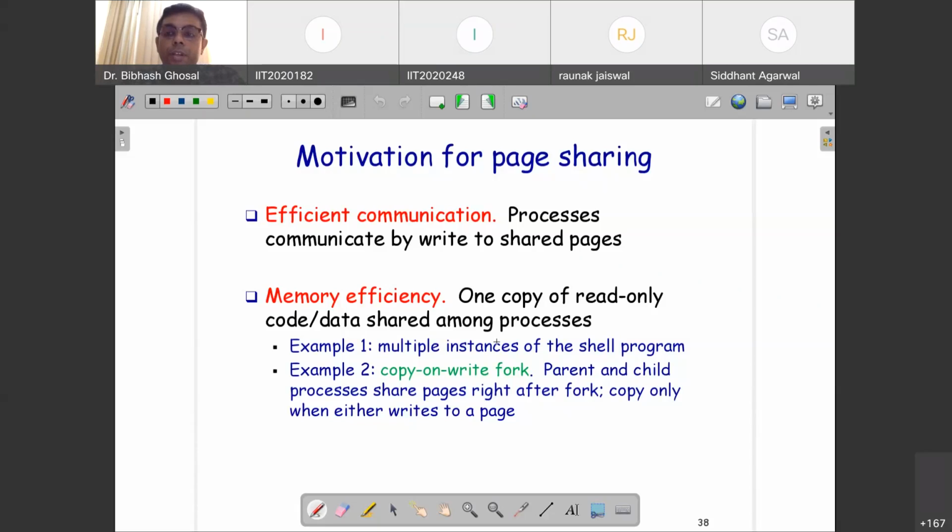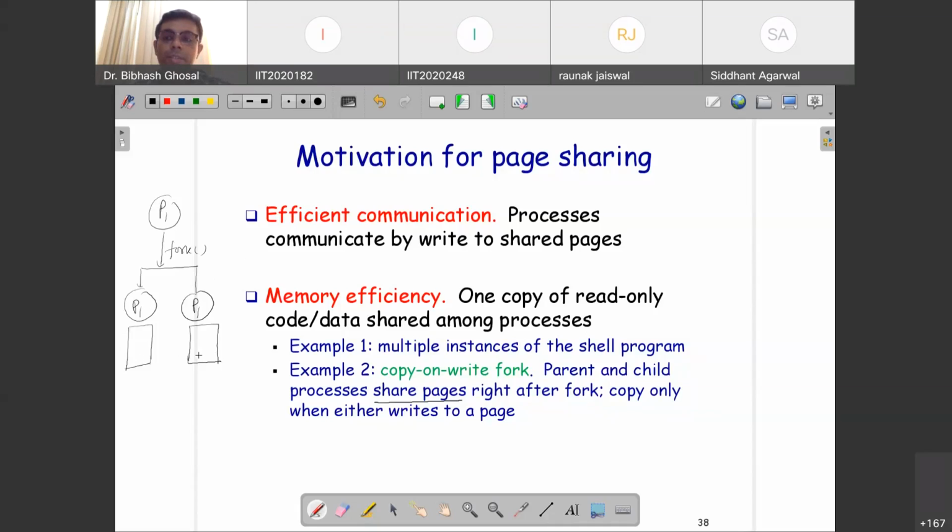recapitulate. It was a concept where the parent and the child processes, as you see here, share the same pages. Remember when I said you have a process P1 and process P1 forks, what happens? P1 gives rise to its child, which is an identical copy of P1. So the address space of P1 will have an exact copy of the address space.